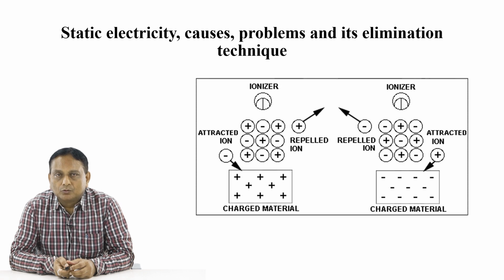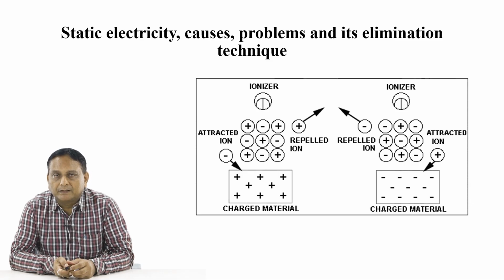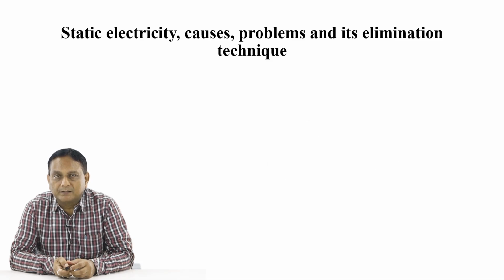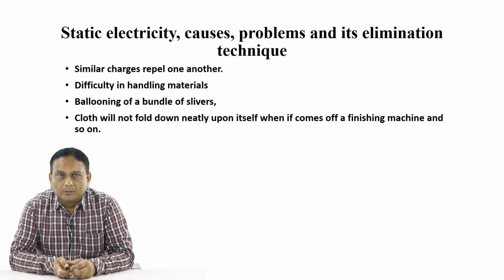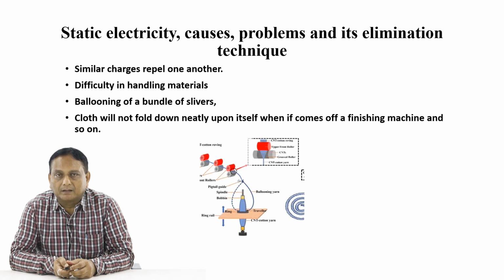If there are two ions which are different, that is plus and minus, they will attract each other. So that is the basic theory of the attraction and repulsion of ions. Positive and negative charges will attract, and two positive charges will repel each other. Based on this, we can easily point out that similar charges repel one another.